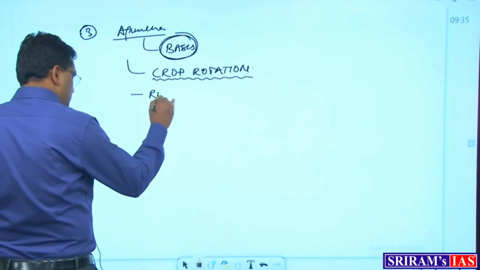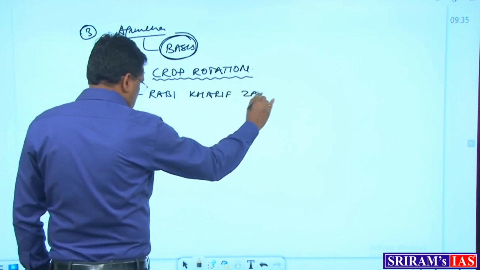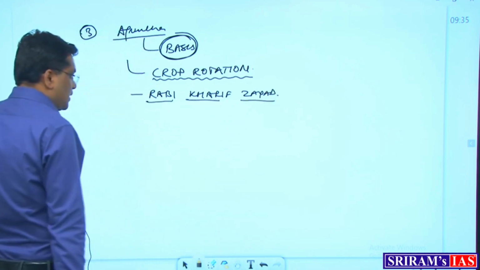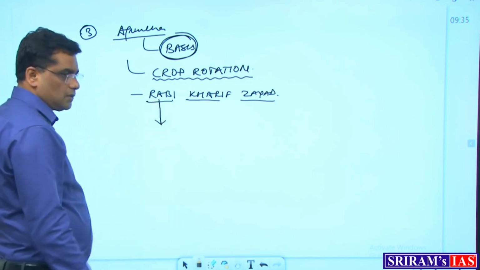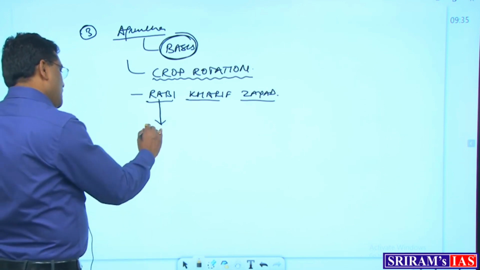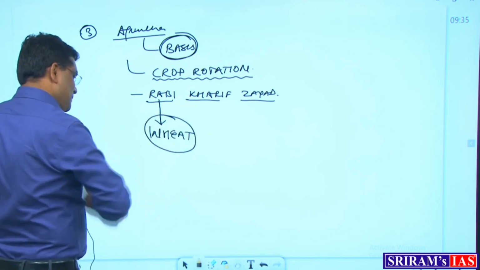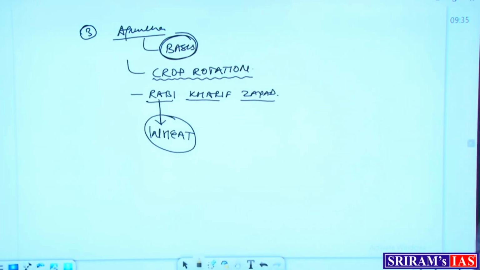Rabi, Kharif and Zaid, all types of crops were produced by the Harappans. Rabi means rice or wheat? But all of you support the farmers without knowing whether wheat or rice, Rabi or Kharif.